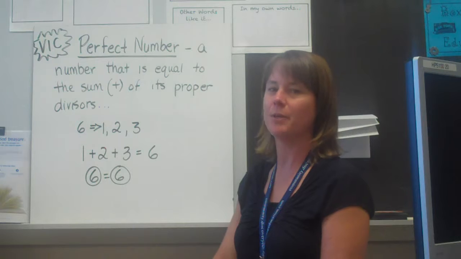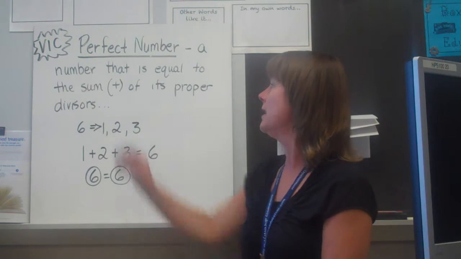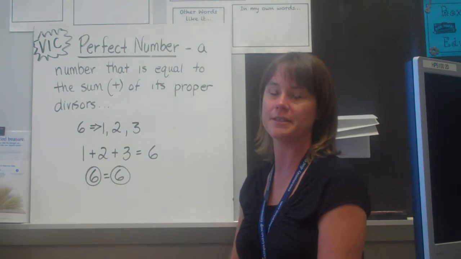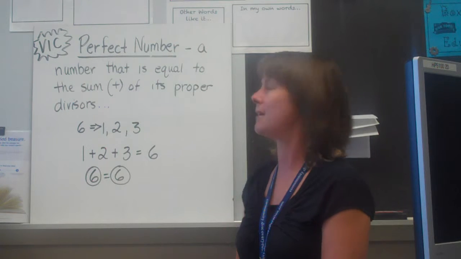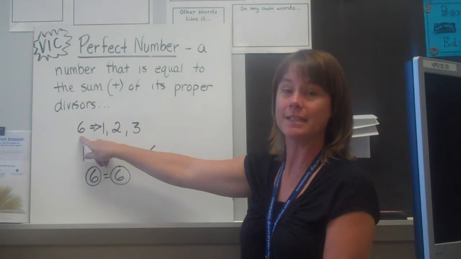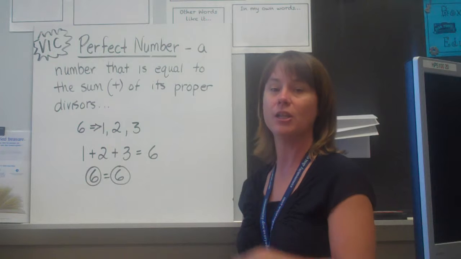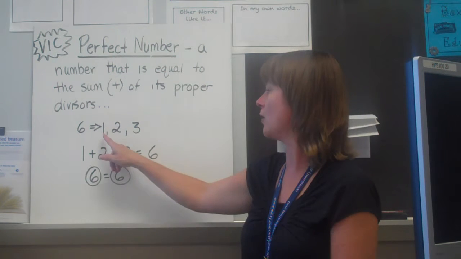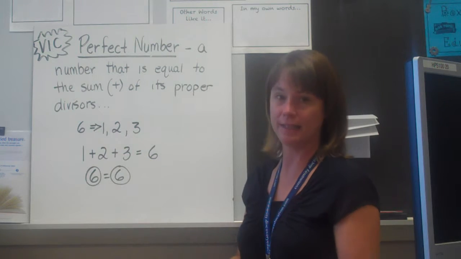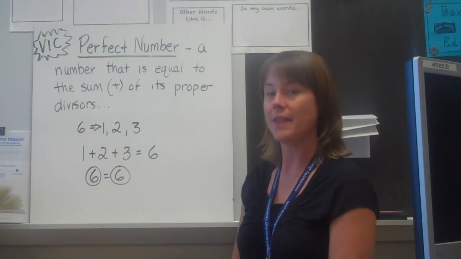A perfect number may be your favorite number inside your head, but a perfect number is actually a type of number. It is a number that is equal to the sum of its proper divisors. Out of all the words that we're going to use in this game today, this is probably the hardest one. You got to take the numbers that can go into that number. So if we had 6, for example, the numbers that can go into 6 evenly are 1, 2, and 3. 1 times 6 is 6, so 1 is a factor. 2 times 3 is 6, so that is a factor.